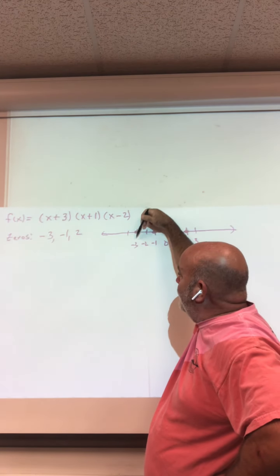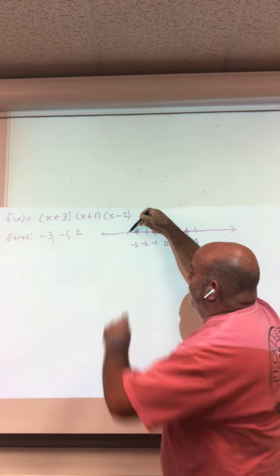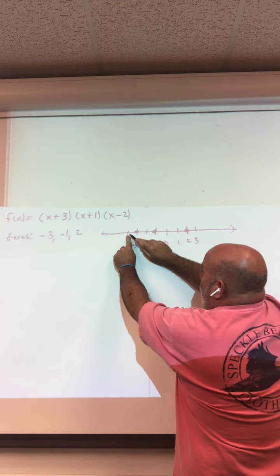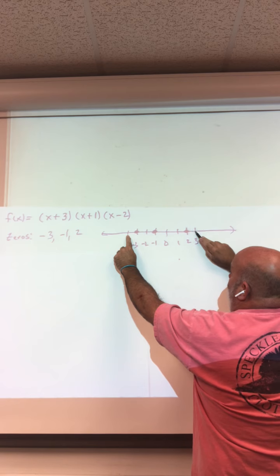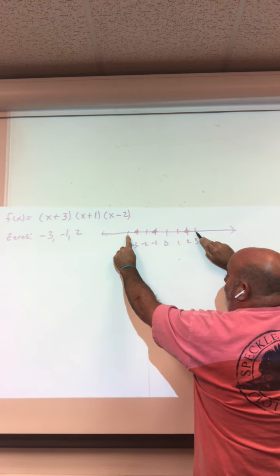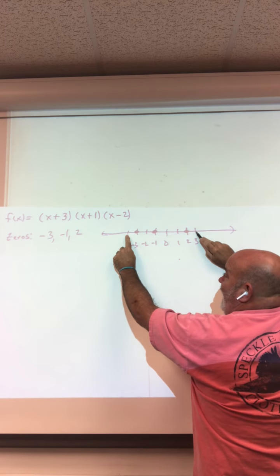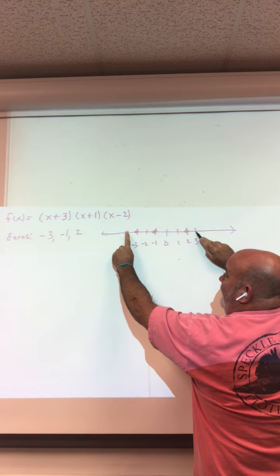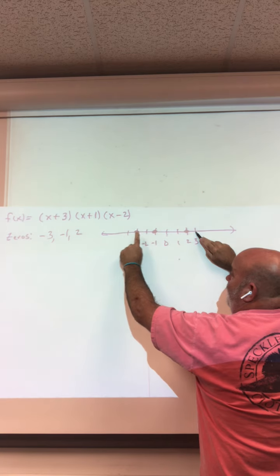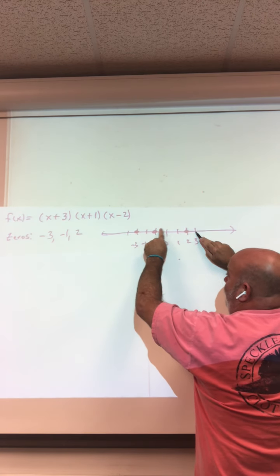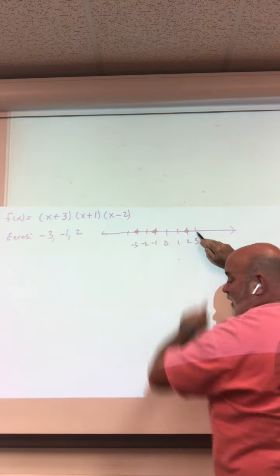So here's -3, it's a 0, go one to the left. So -4. Whatever this number right here is, go one more whole number to the right. So what I want to do is let X be everything from -4 to +3: -4, -3, -2, -1, 0, 1, 2, and 3.